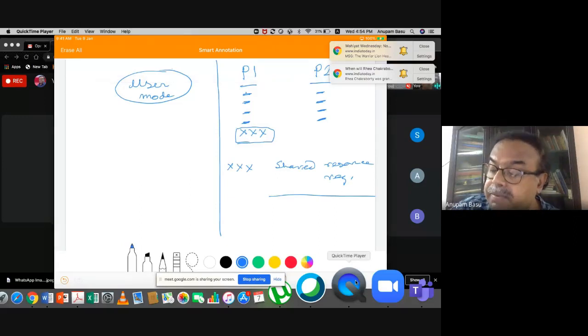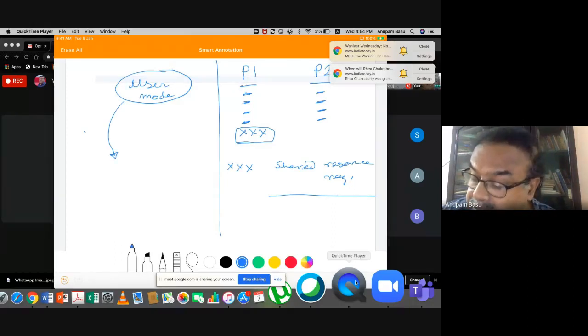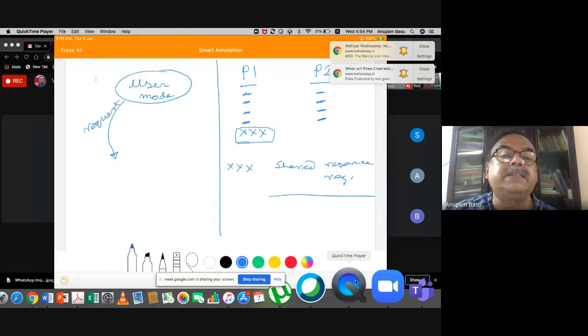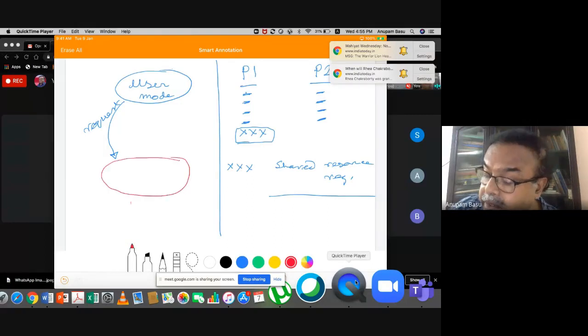What I'll have to do, I'll have to send a request to the system for using the shared resource. And that request, now I'm talking in terms of operating system, that request will take me to a kernel mode. All right? That will take me to the kernel mode where Devaditya is sitting.